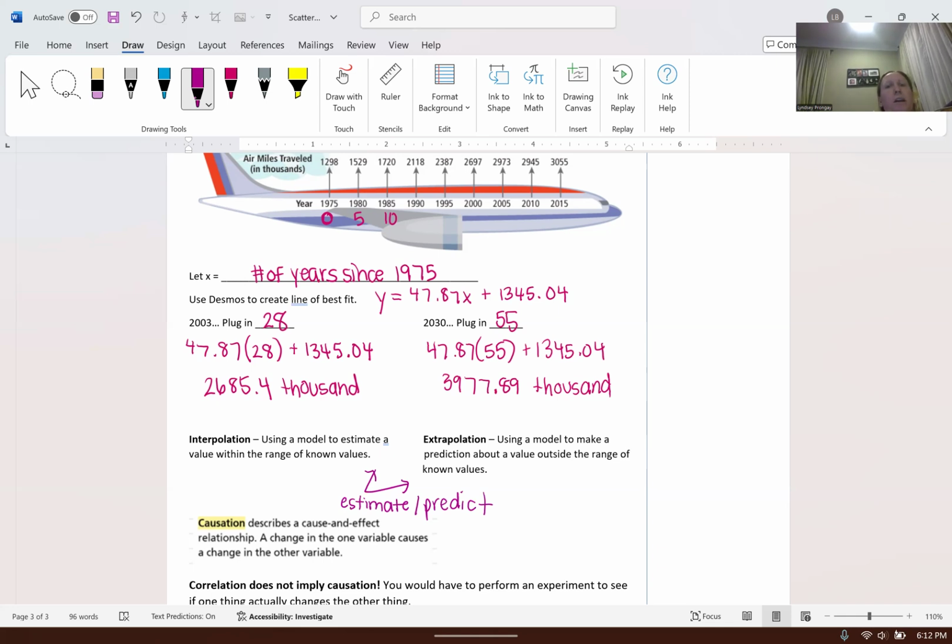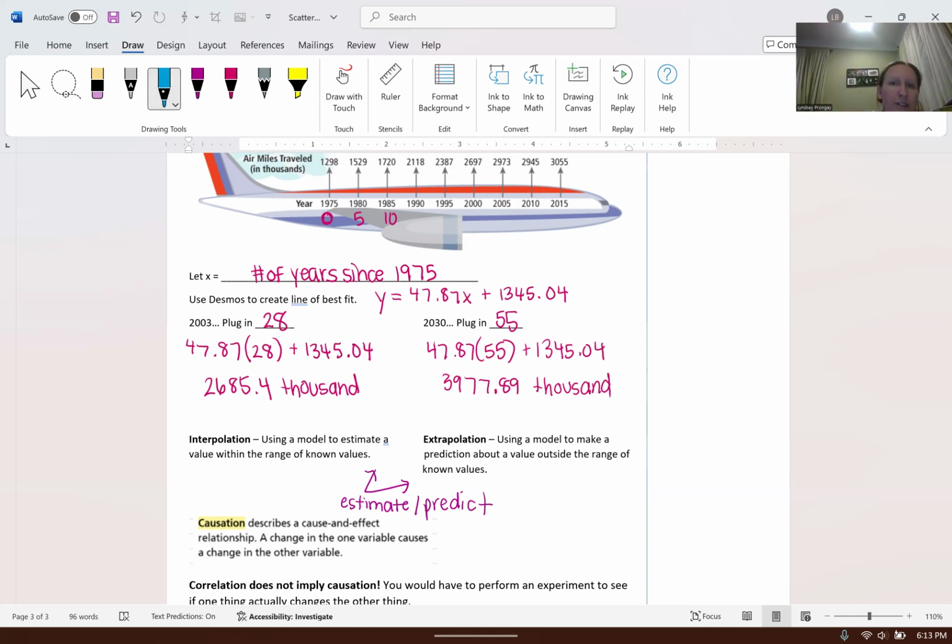Okay. When they were asking us to look at 2030, that was beyond the scope of 2015. So that was called extrapolation. It was beyond the last data point. They both mean estimate, they both mean predict. And it's just talking about, is it within the data or outside the range of data?